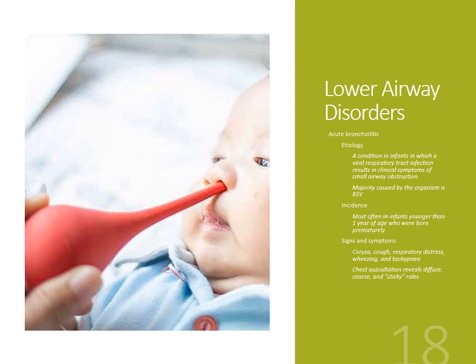Acute bronchiolitis is most often seen in at-risk populations like those born under 34 weeks, and those with chronic lung conditions like BPD and CF, or congenital heart disease, or immunodeficiency.